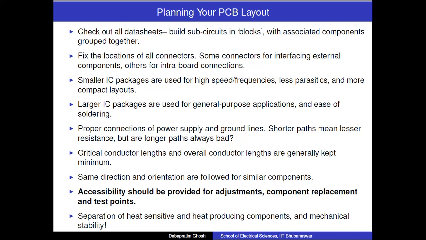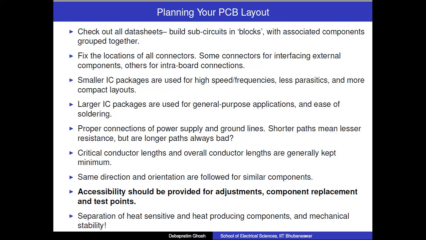Shorter paths mean lesser resistance, but there are times when we have to use longer paths too. But are they always bad? Well, we have to see that. There are some critical conductors like transmission lines and sensitive tracks which are carrying signals which should not be affected by noise. These critical conductor lengths you need to keep as low as possible.